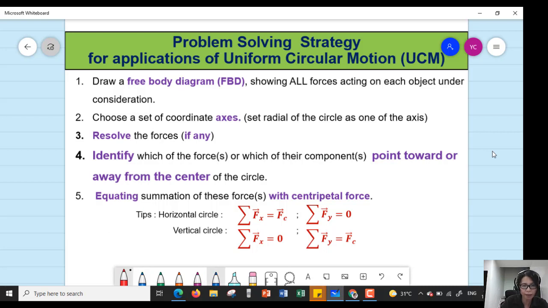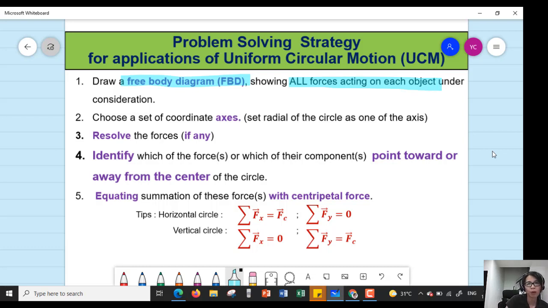First, we draw the free body diagram, showing all the forces that act on the object performing uniform circular motion.